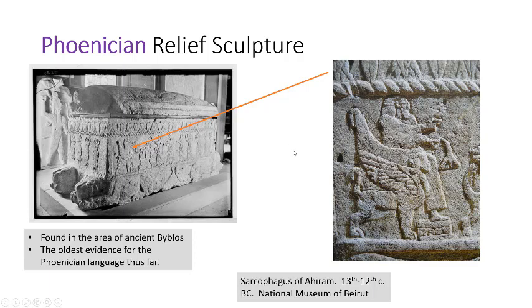Again, it's found in a funerary context, as this is a sarcophagus with various scenes and Phoenician words on it. Here's a detail on the right of this particular area of this narrative panel.